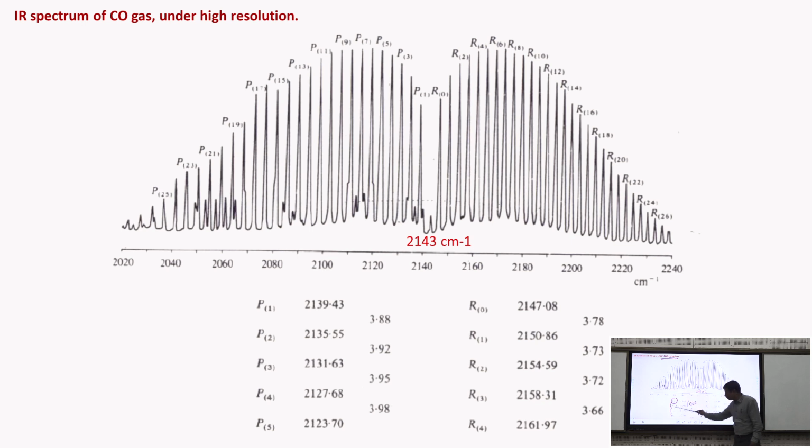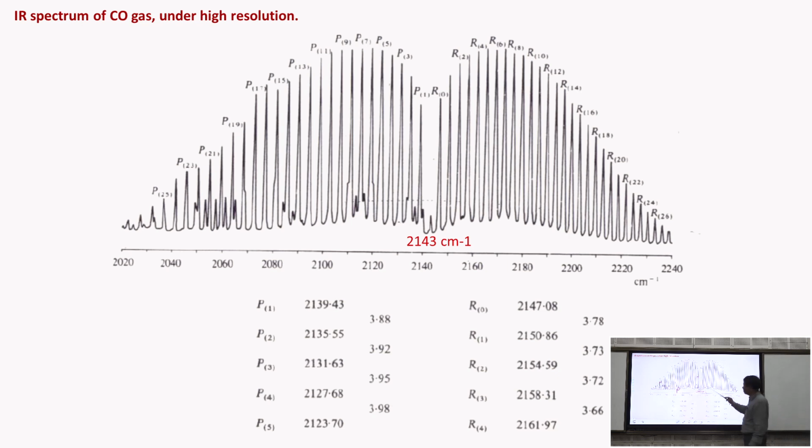The difference between P2 and P3 should again be 2b, so it should be 3.88. The difference between these should again be the same, but you see there is a change: 3.88, 3.92, 3.95, 3.98, which means the difference is increasing. In the P branch, whatever the difference here is different from whatever the difference here. Okay? So it is not the same 2b.